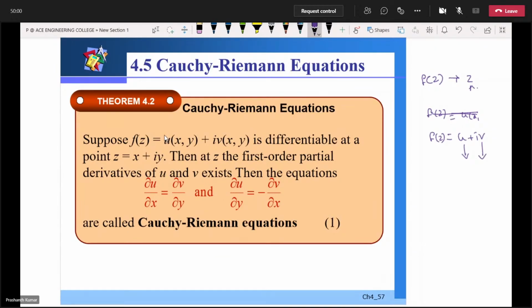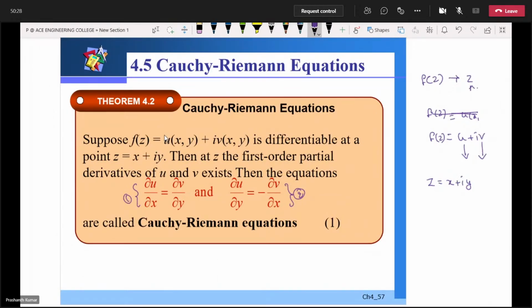If these two exist, partial derivatives exist, and Cauchy-Riemann equations are these two. This is the first one and this is the second one. Okay, once the derivatives exist with respect to, because what is z? Z is equal to x plus iy.